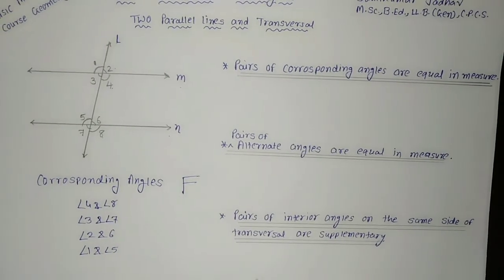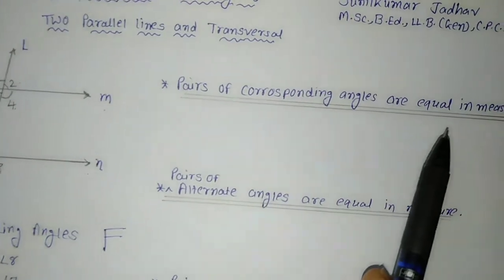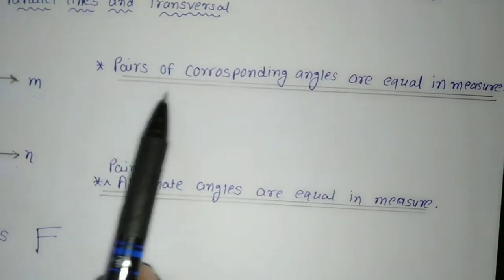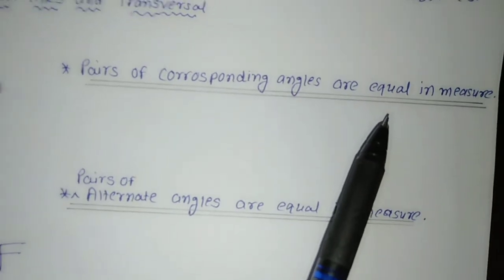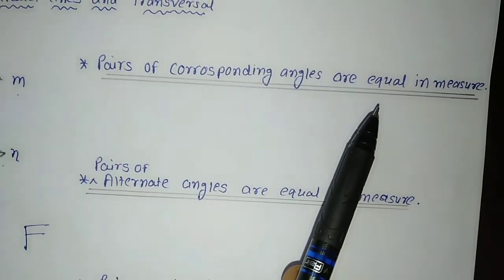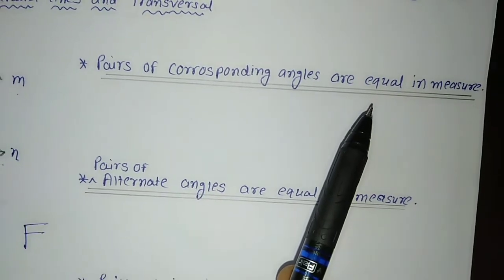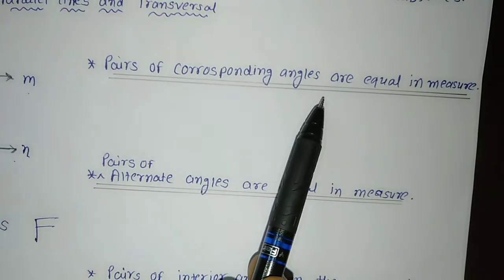You can see that pairs of corresponding angles are equal in measure. Remember that pairs of corresponding angles are equal when the corresponding angles are formed by two parallel lines and a transversal. Remember this very well: if the lines are not parallel, then the corresponding angles are not equal.